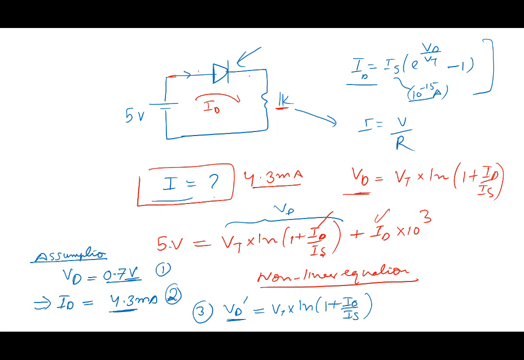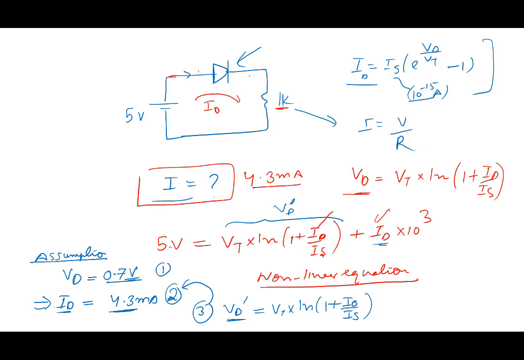From here we get a new value of VD dash, and then you go back to step 2 and recalculate. Once you have a new value of VD dash, you will have a new value of ID.